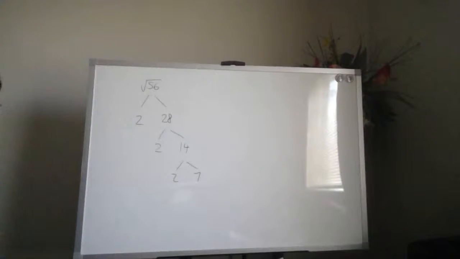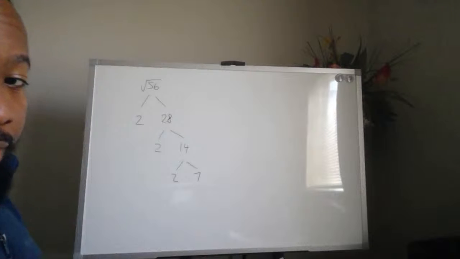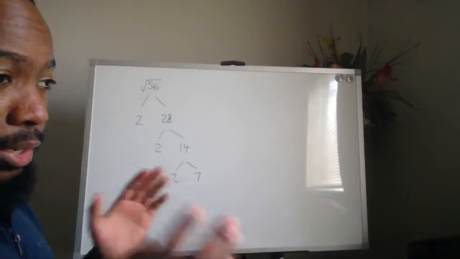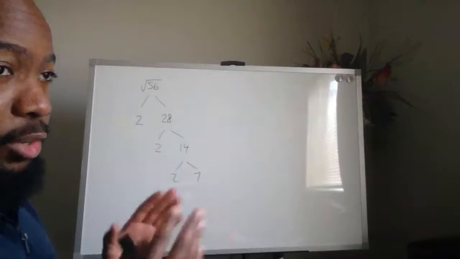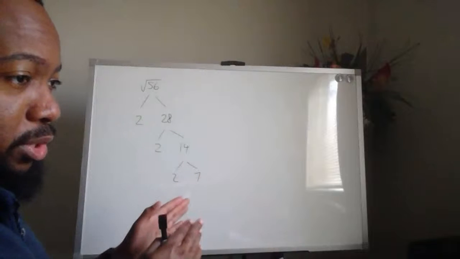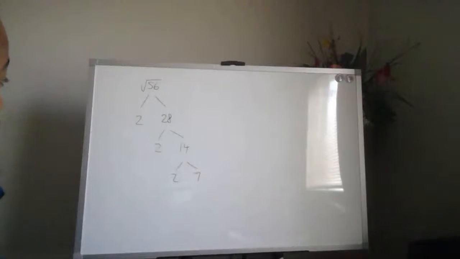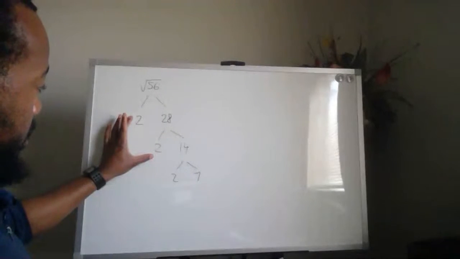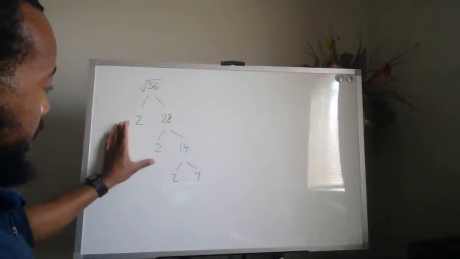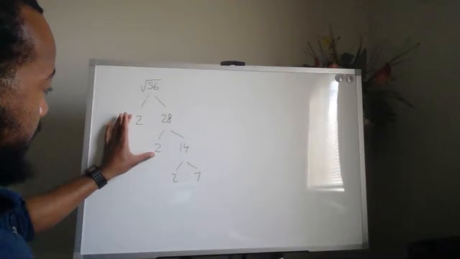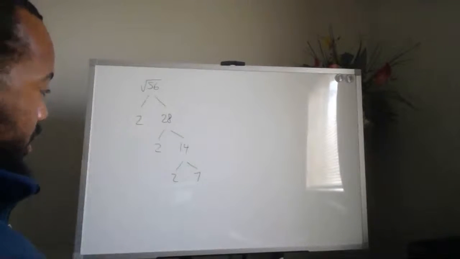But what I'm going to do next, I'm going to look if I have doubles. I'm going to pick out those doubles and write them once. So the only doubles I have here are 2s. I have 3 2s, so I can pick out a double, but I'm going to write that once.